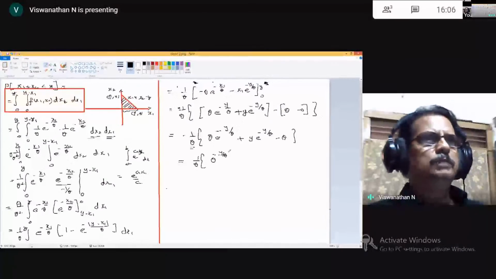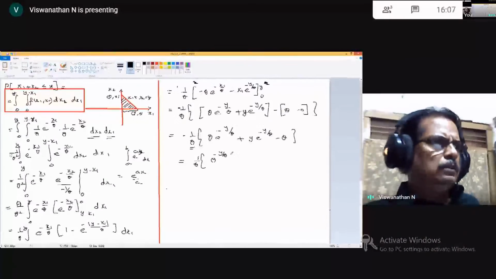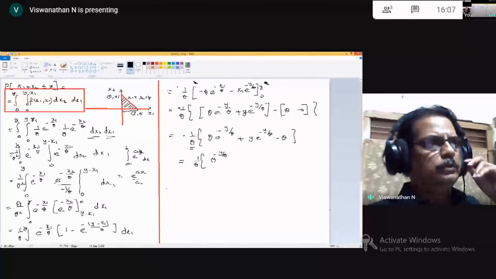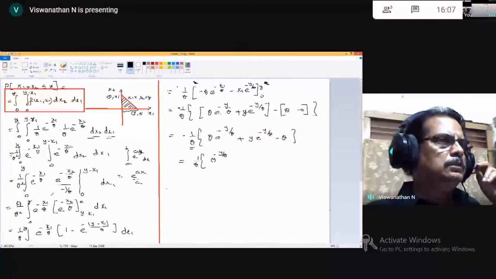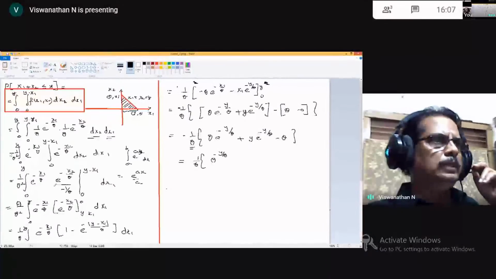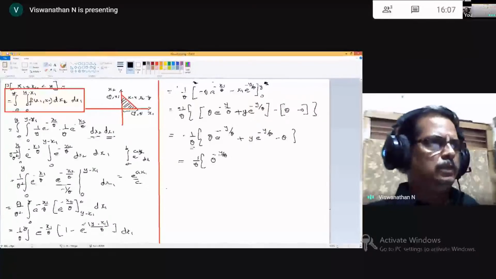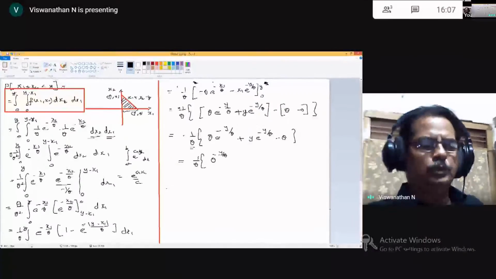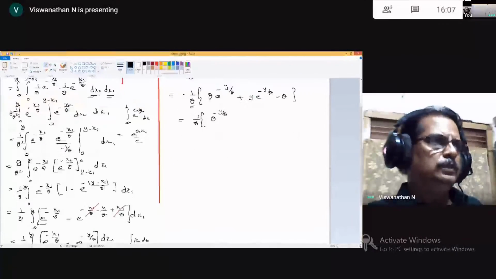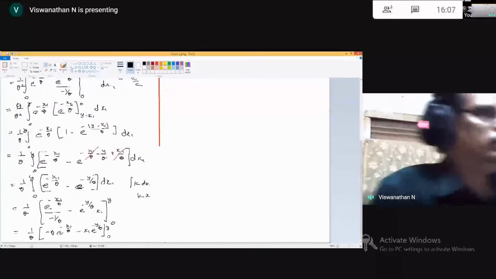So I will tell where I have gone wrong. There is a small mistake here that we want to adjust. See, in the first case, we are supposed to take this value. This is fine. But in the second case, when we replace it, this is what we have. Because of the substitution, we have this problem.